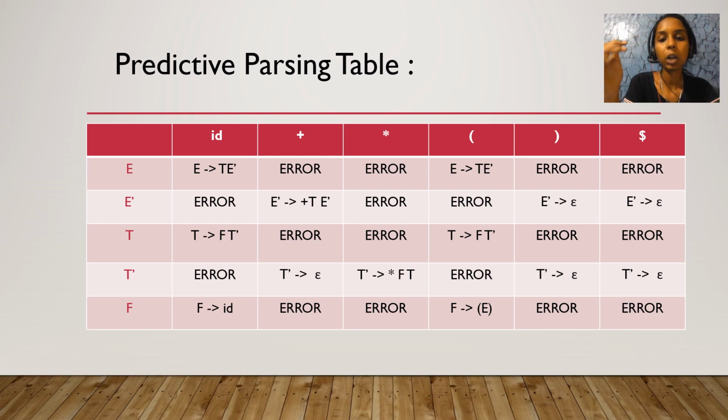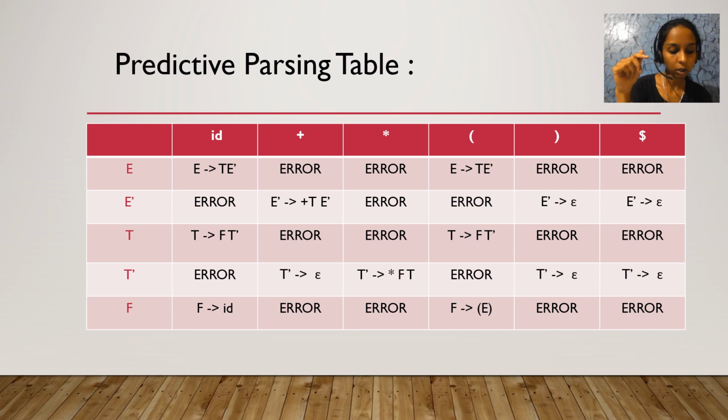To construct this we have to make use of the first and follow sets. Here, first of E is open parenthesis and ID. So in open parenthesis and ID we represent E tends to T E dash, and the remaining columns are filled with error.